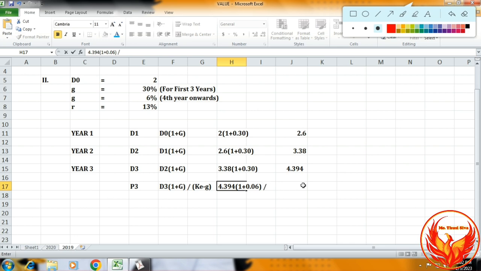Divided by KE minus G. KE, or R, is 13%, so 0.13 minus G, the growth rate of 6%, so 0.06.